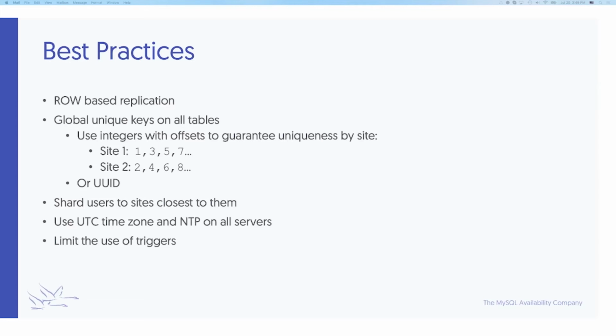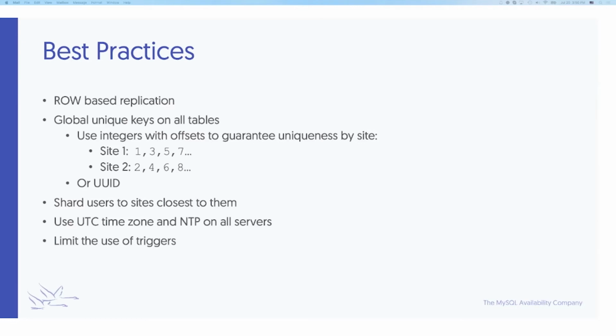When we're doing row-based replication, we have to keep in mind that if we have a trigger that gets triggered on the primary, it's going to be written to the binary log. And therefore, all the replicas downstream should not fire that trigger. So that could get a little messy, and it's just easier to not use triggers in this sense. And just have your business logic handle those trigger issues.